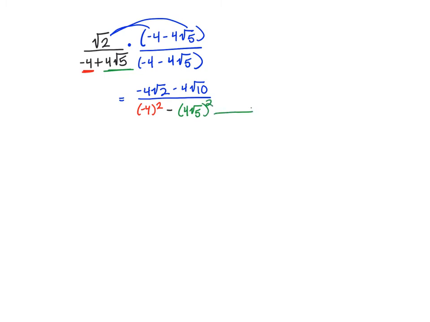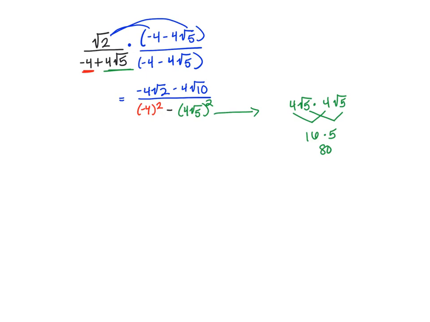So this one might seem a little tricky, but just remember some of the shortcuts we learned earlier. So this just means 4 root 5 times 4 root 5. So 4 times 4 is 16, and then when you do root 5 times root 5, that's just going to be 5. And 16 times 5 is going to be 80.